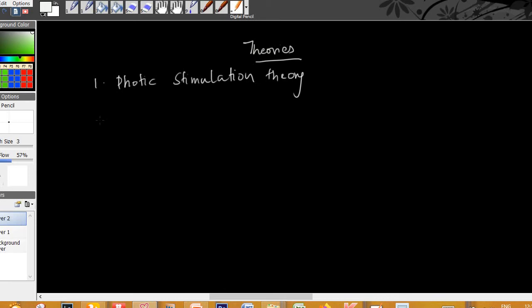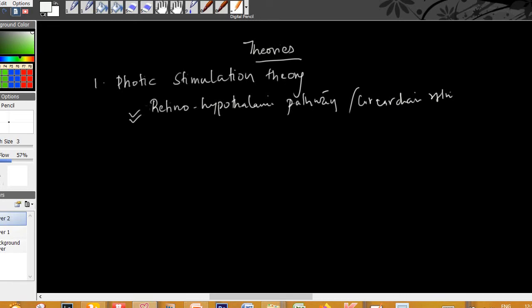Under the photic stimulation theory, otherwise called the retinohypothalamic pathway, circadian rhythm, this is what you are going to elaborate, or in other words, the neural circadian mechanism of induction of sleep. That is the first theory.